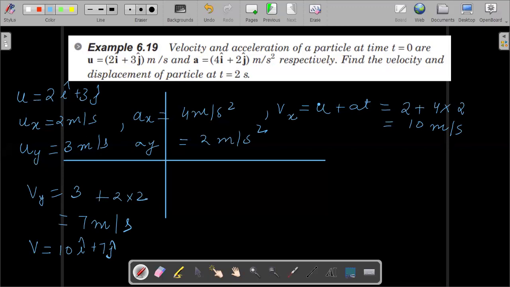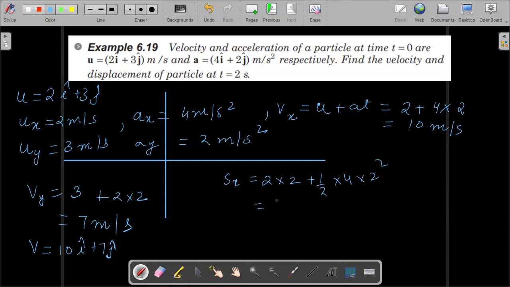Sir, I'm getting 47 by 8. For displacement along x, you are getting 47 by 8? 2 into 2 plus 1 by 2 multiplied by acceleration 4 multiplied by 2 squared, right?